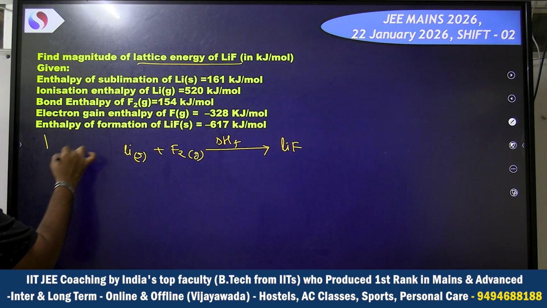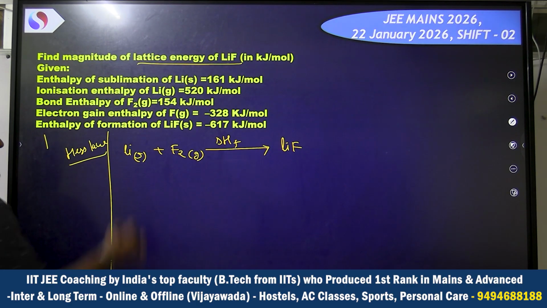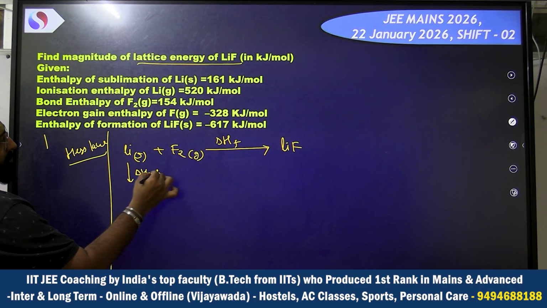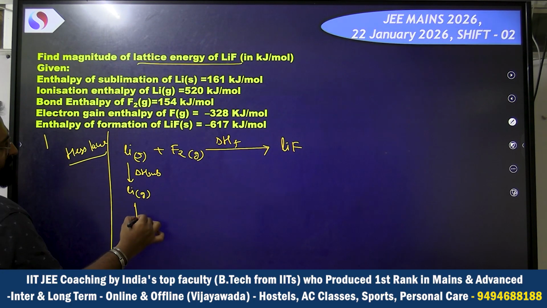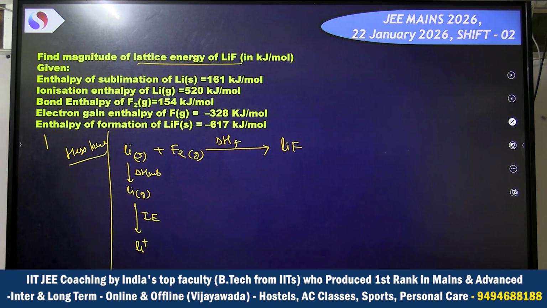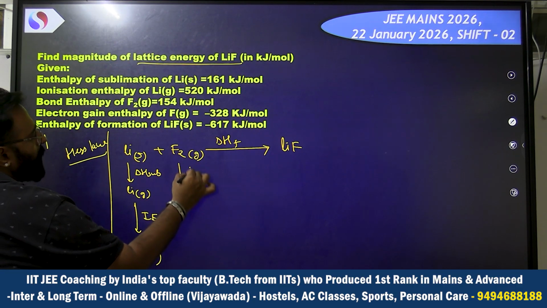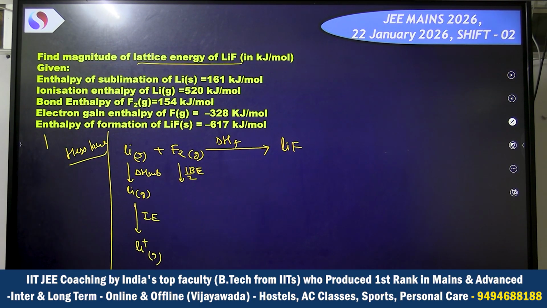Using Hess law, we have to solve this equation. So lithium delta H of sublimation is converted into lithium gas. Lithium gas is converted into lithium ion by giving ionization energy. Correct? And over here, half of bond energy.